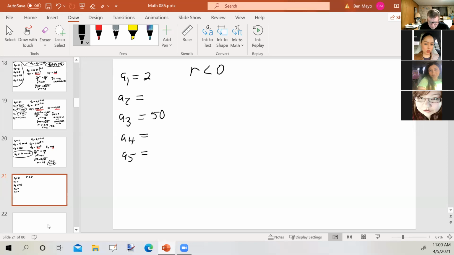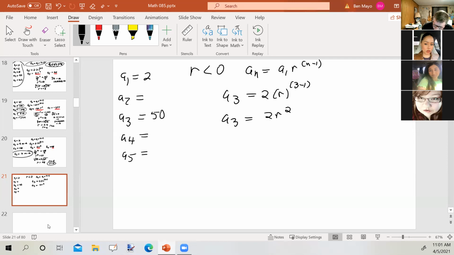Yeah. Okay, so again, a sub n equals a sub 1 times r to the n minus 1 power. A sub 3 equals a sub 1 times r to the 3 minus 1 power. A sub 3 equals 2r squared. But a sub 3 also equals 50.